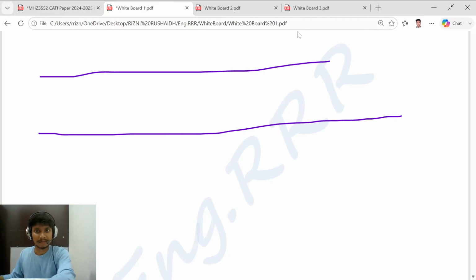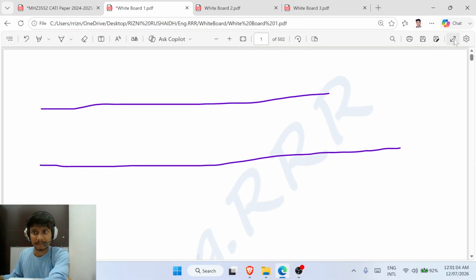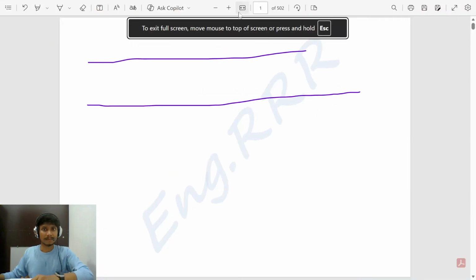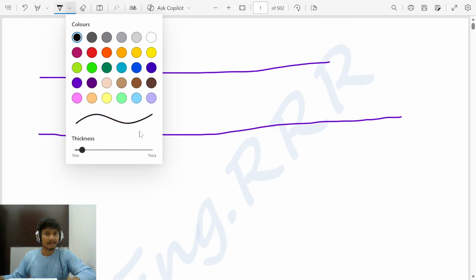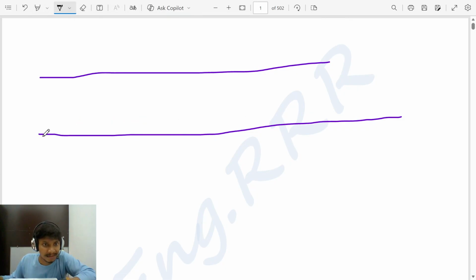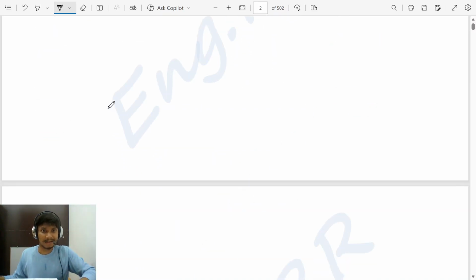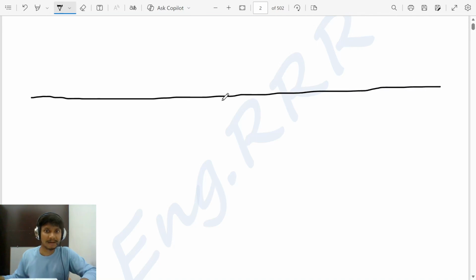Therefore, this is 72. Let me write it again neatly: the line of total cumulative frequency.